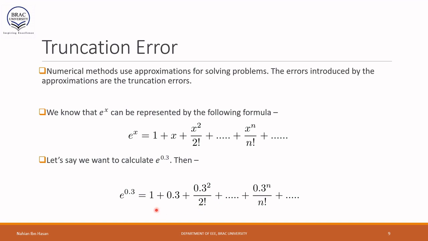For example, if you want to keep the series up to the second term, that means 1 plus 0.3, the result would be 1.3. But if you keep it up to the third term, it would be more accurate than keeping up to the second term. And if you want to use up to 10 terms or 20 terms or 100 terms, then numerical accuracy would increase and the truncation error would decrease. So that's where you encounter truncation error.